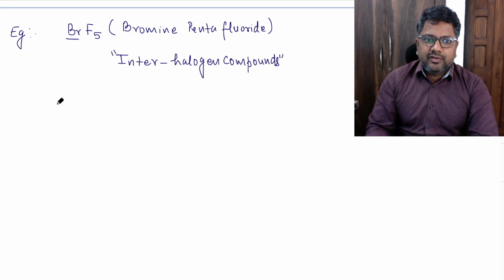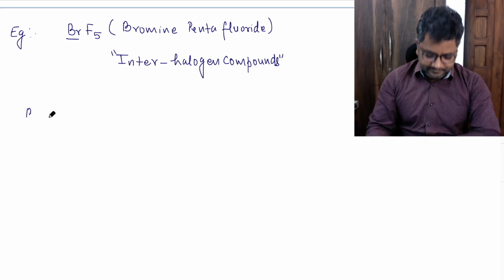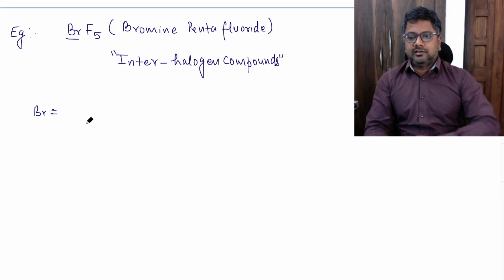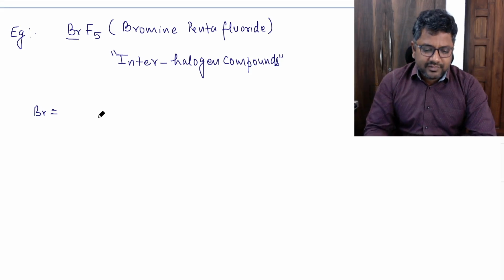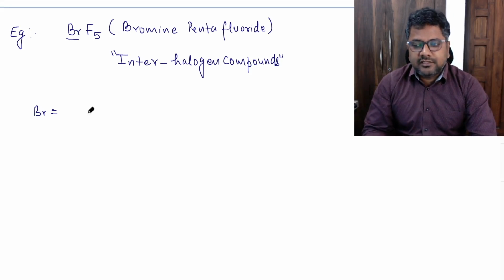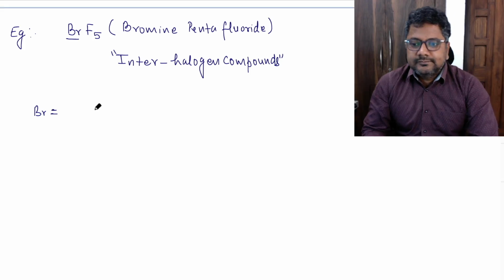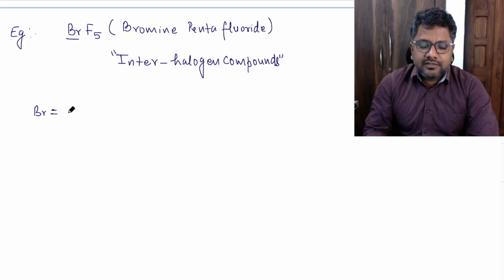The central atom is bromine. What is the valence shell electronic configuration of bromine? What is the atomic number of bromine? 35.